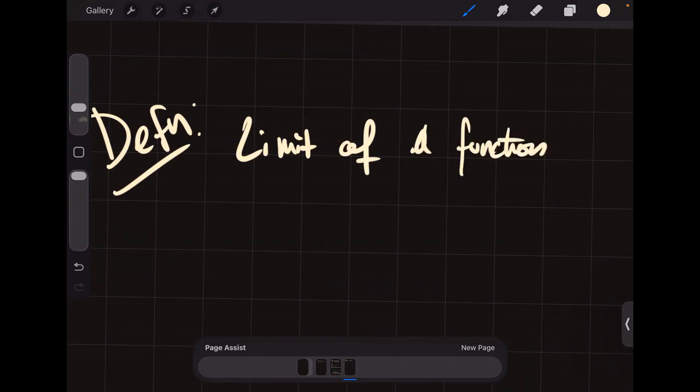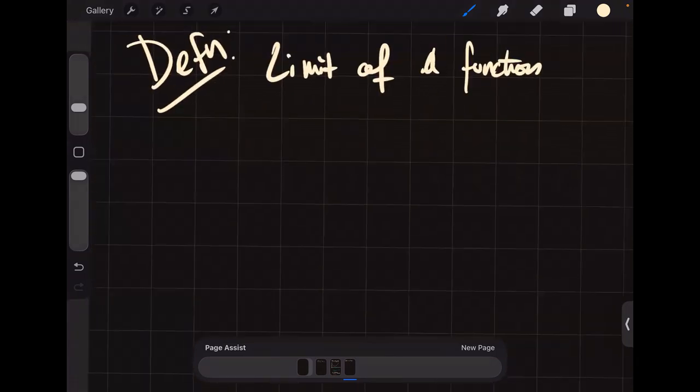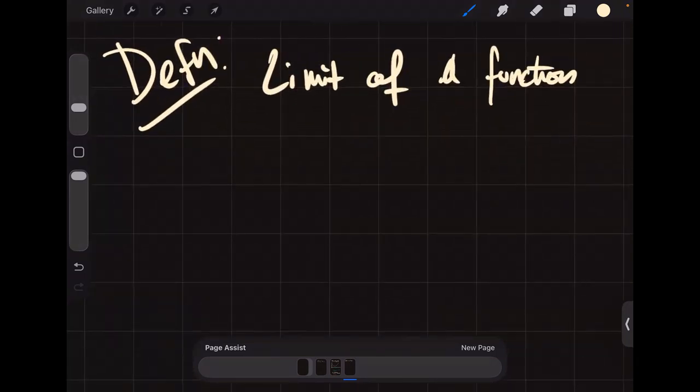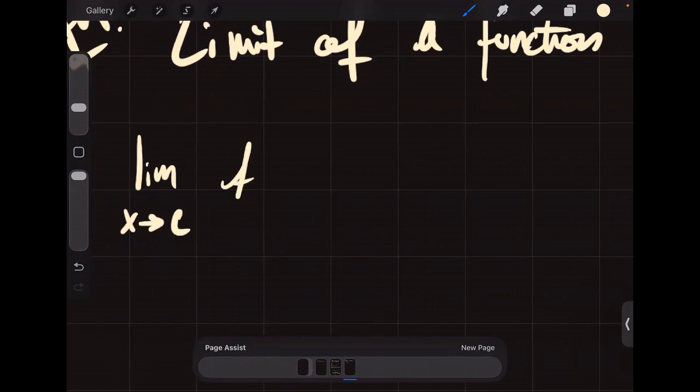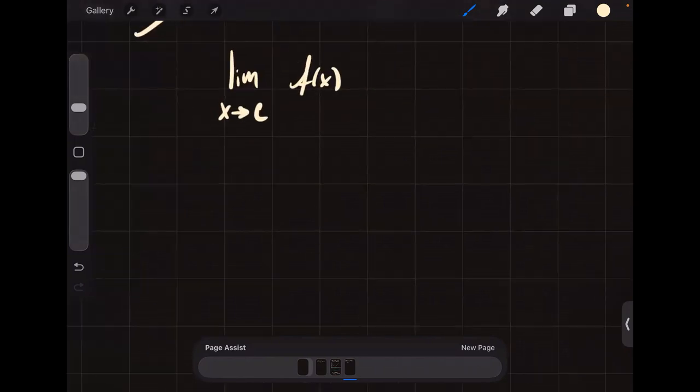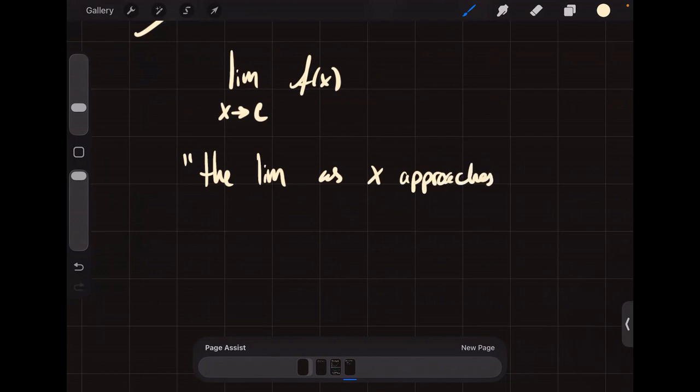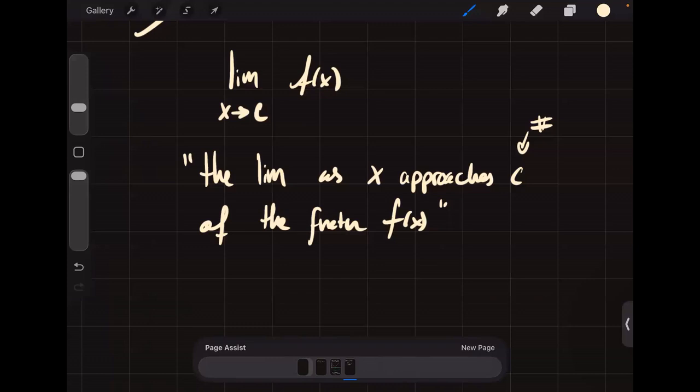The limit of a function is going to be written like this: lim as x approaches c of f of x means the limit as x approaches c, which is some number, of the function f of x.